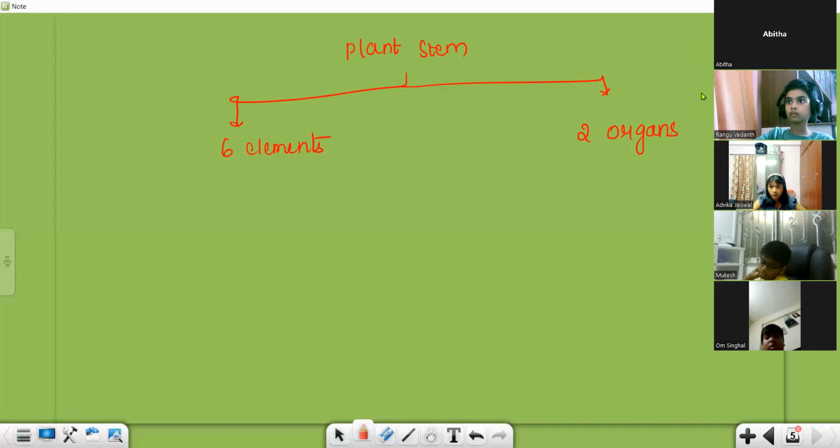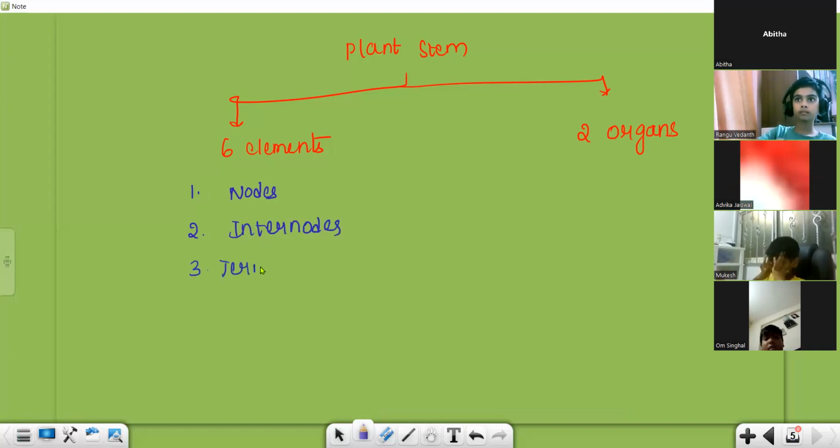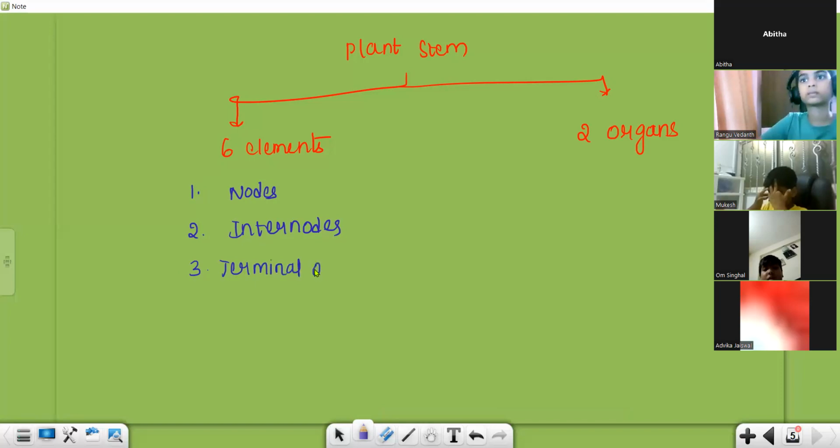Those elements include nodes, internodes, terminal or apical bud. Yes, we have discussed these or not?